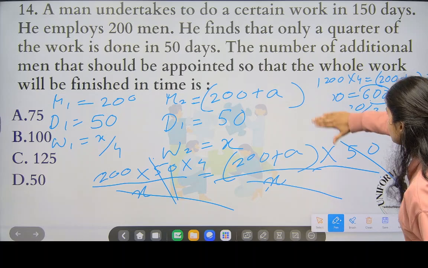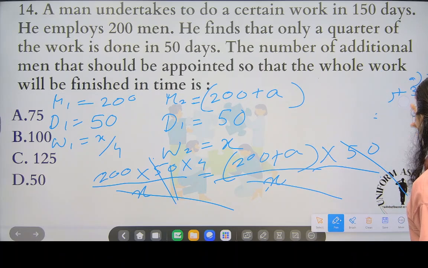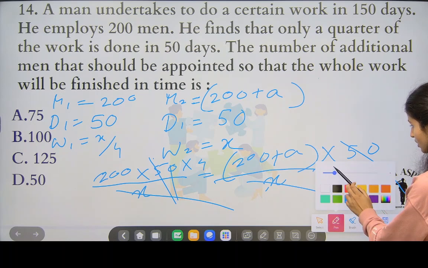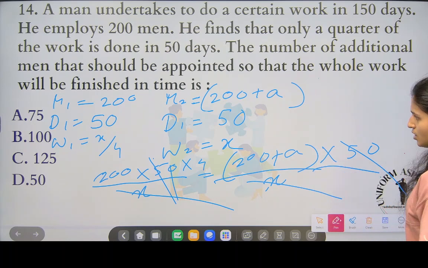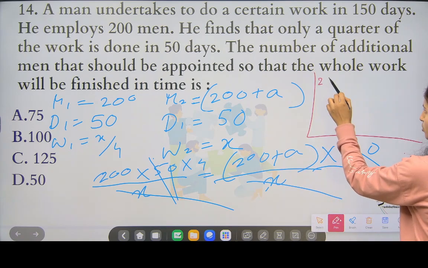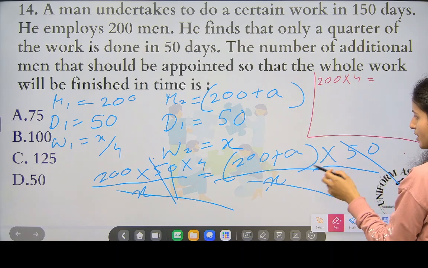Now check here. Let me solve it here, okay? And I'll change the color, so you will understand. Now see here, I'll make a box here. 200 into 4, okay, no problem. And 50 and 50 got cancelled.